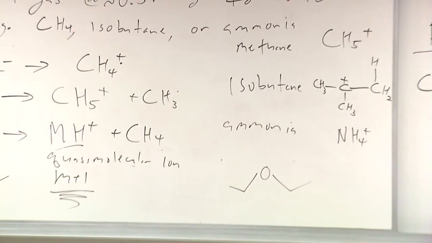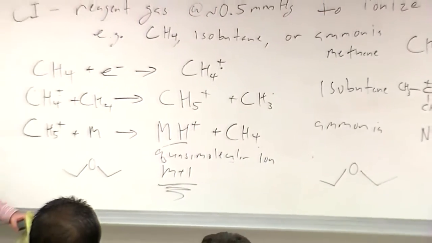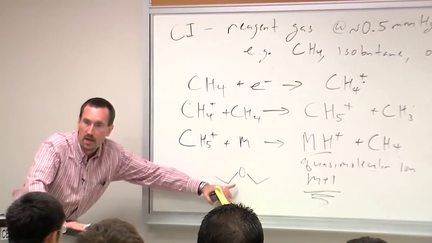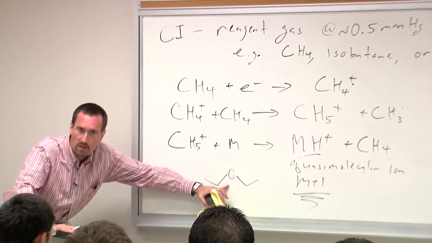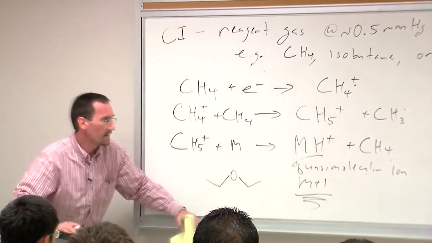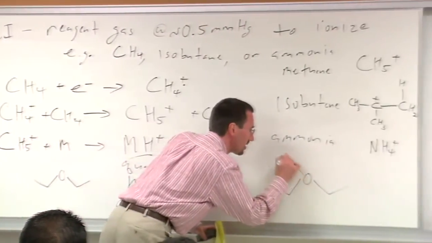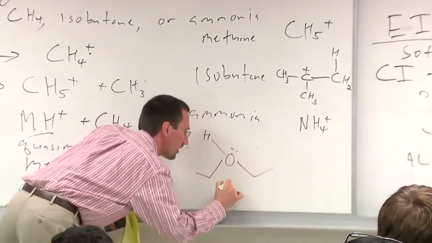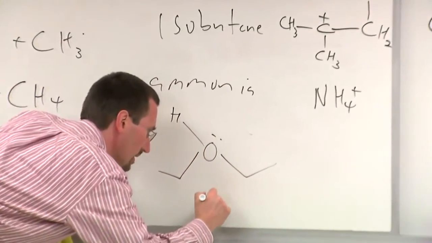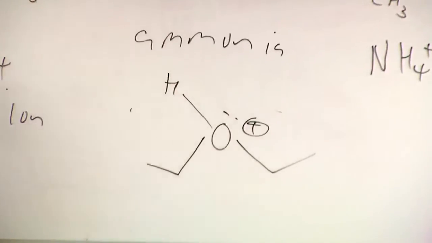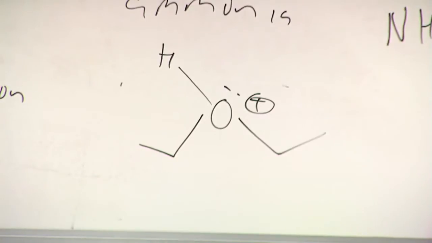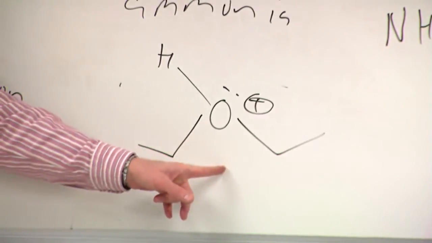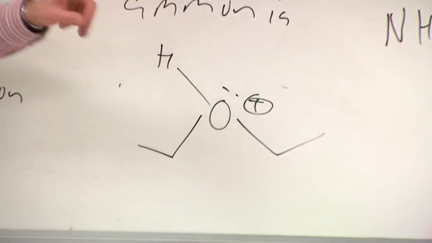Not something at 64, if I'm doing the math correctly in my head. No, wait, not something at 74, but rather something at 75 for the protonated ether. Right. So that's for methane. So you see that when you have methane, you see the M+1.